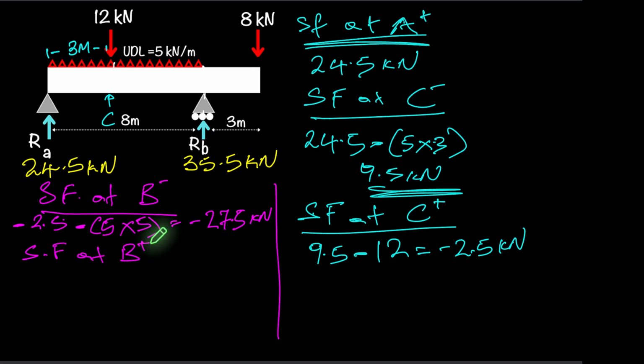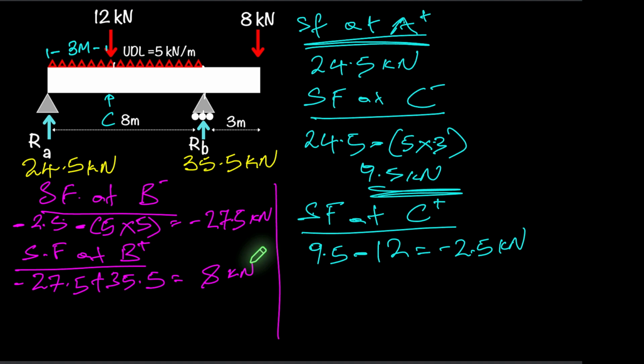Okay, so this bit now is going to be shear force at B plus. So that's just after the reaction force. So remember before the reaction we were at negative 27.5, and then just after that now we're going to go up by this reaction force, which is 35.5, and that's going to take us all the way up to a positive 8 kilonewtons.